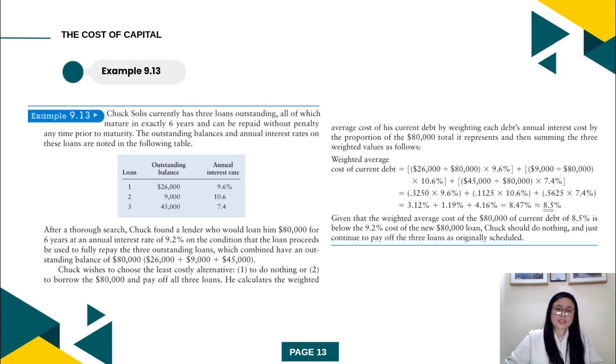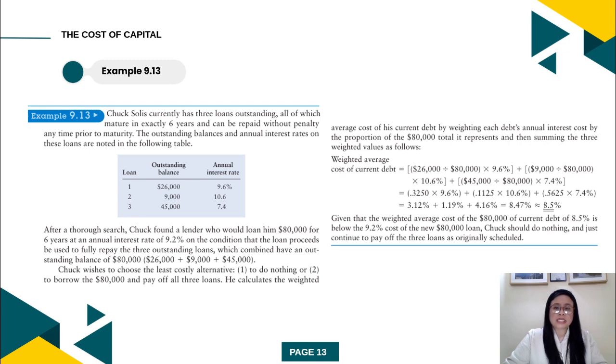The example compares two options to determine the least costly decision for Chuck Solis, who currently has 3 loans and is considering consolidating them into a new single loan. I'll explain. Chuck has 3 loans with the following details. As you can see here, loan 1, 2, and 3: $26,000 at 9.6%, $9,000 at 10.6% interest, and loan 3 costs $45,000 at 7.4% interest.